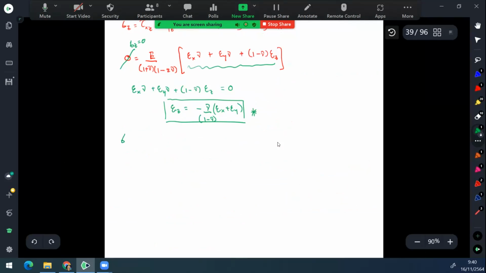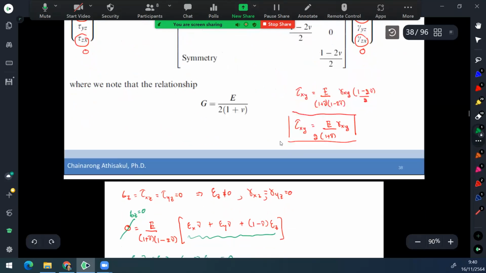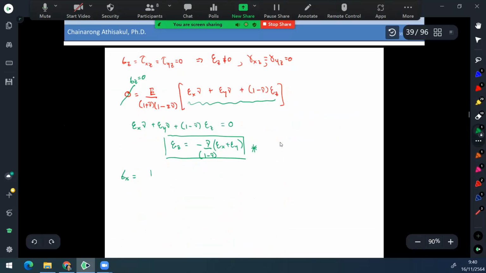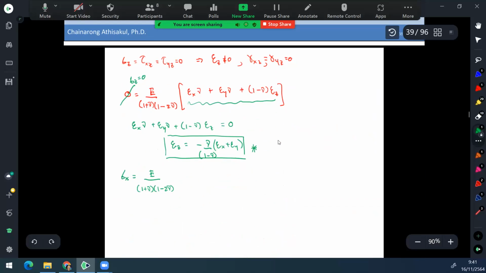When we substitute into the sigma x expression from the three-dimensional case, it becomes E divided by 1 plus nu, and 1 minus 2 nu, times 1 minus nu epsilon x, right, plus nu epsilon y.